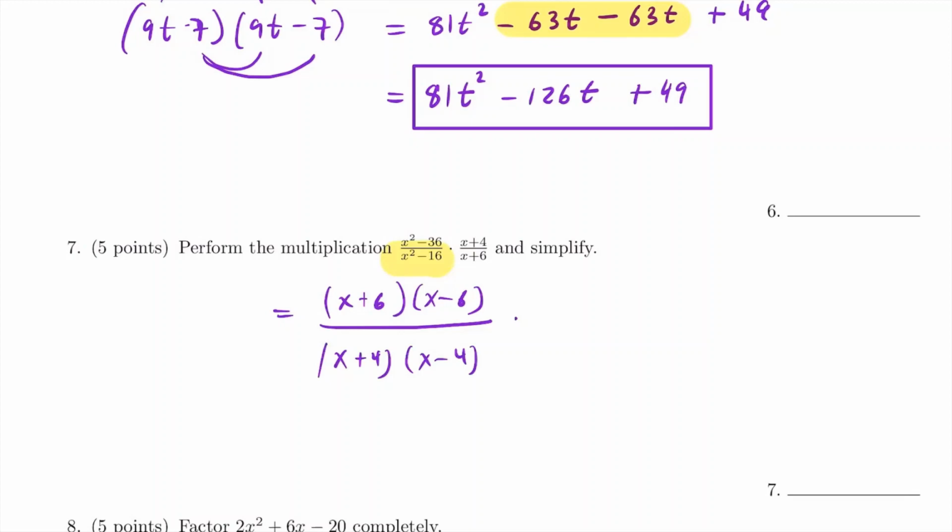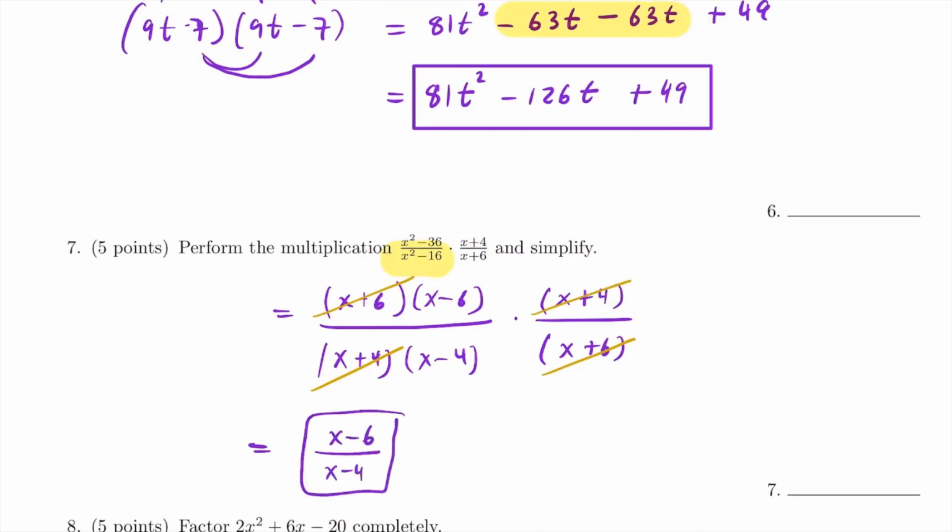And then I just rewrite these with parentheses because they're not factorable, so you rewrite them. Now we can cancel out common factors from top and bottom. So I see I have x plus 6 with x plus 6, x plus 4 with x plus 4, and the leftover is your final answer. So we have an x minus 6 on top, and on the denominator we get x minus 4. And that's your final answer for this.